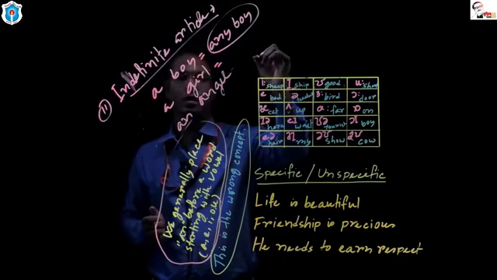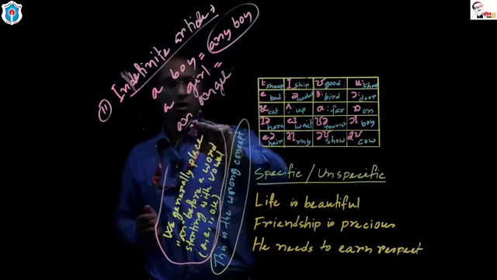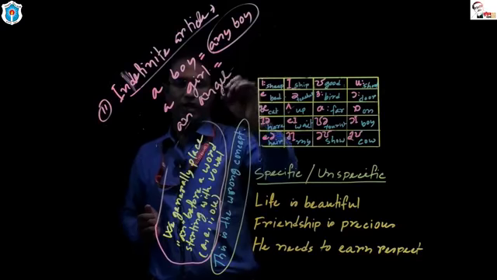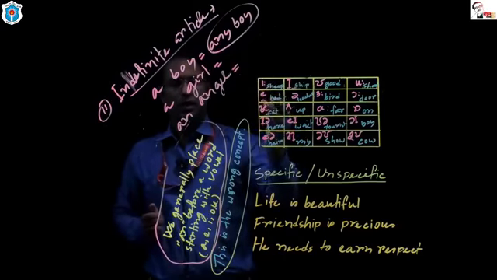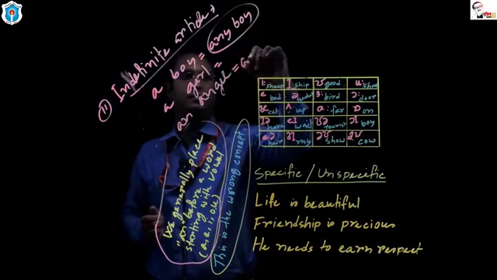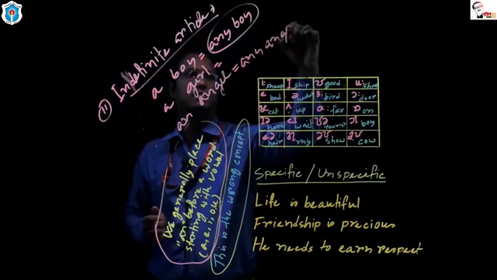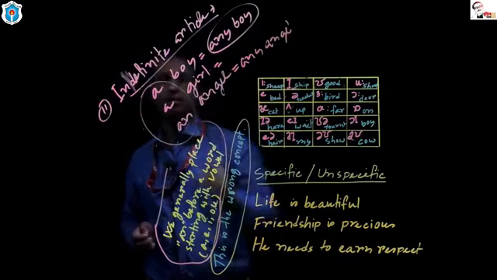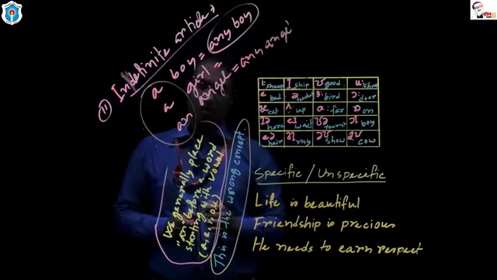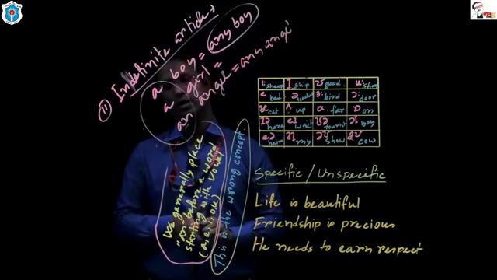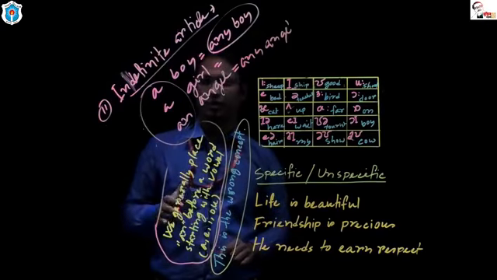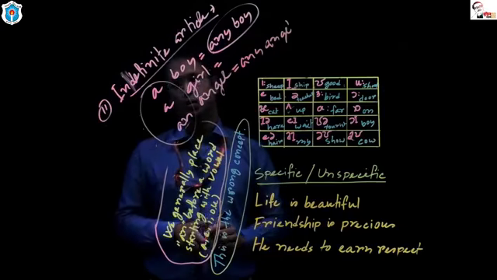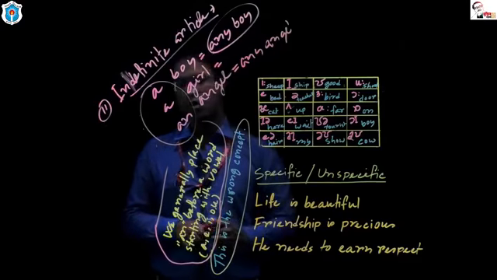Any girl can dance well. Or an angel, that means any angel. So when we are using this a or an, it becomes unspecific. So in unspecific cases, we use a or an.